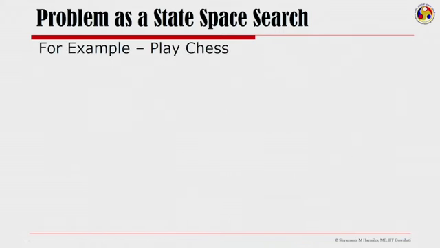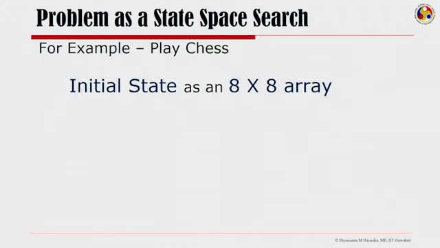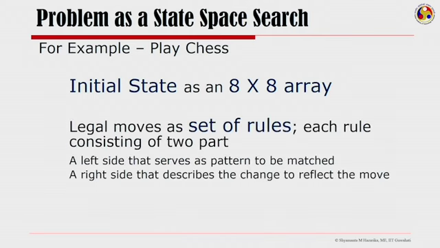We can think of another example, which is the game of chess. The initial state for a game of chess could be thought of as an 8 cross 8 array. The legal moves are a set of rules, each rule consisting of 2 parts: a left side that serves as a pattern to be matched and a right side that describes the change to reflect the move.